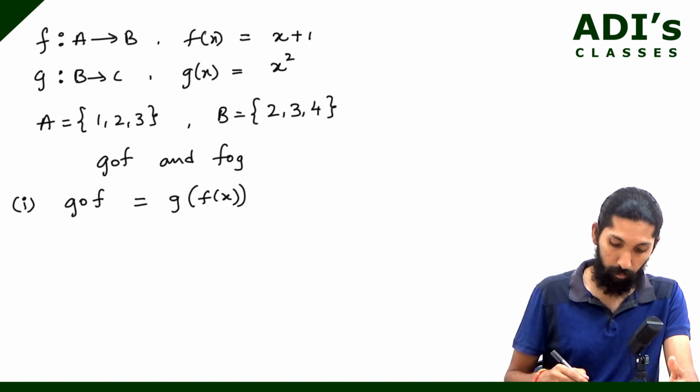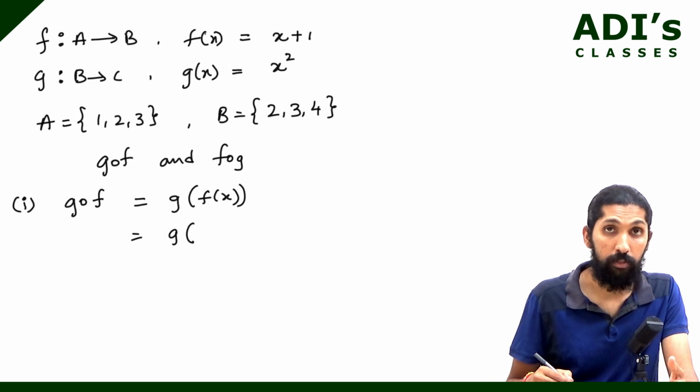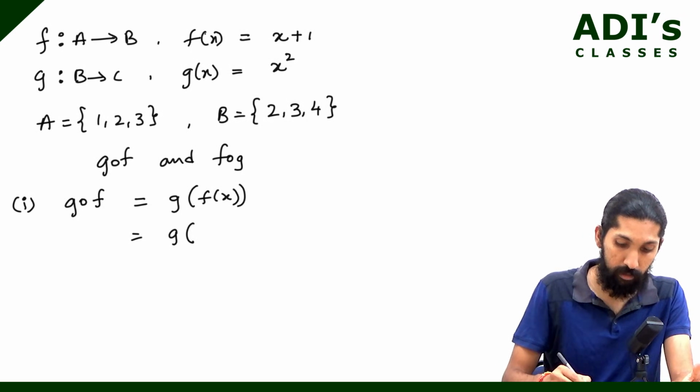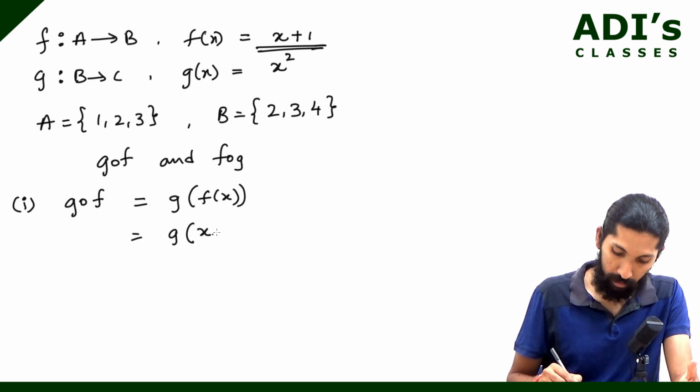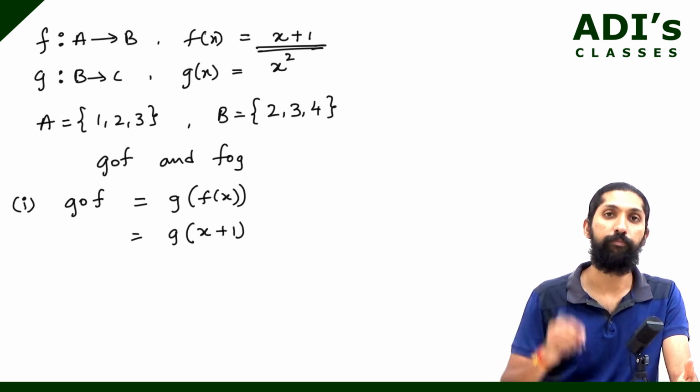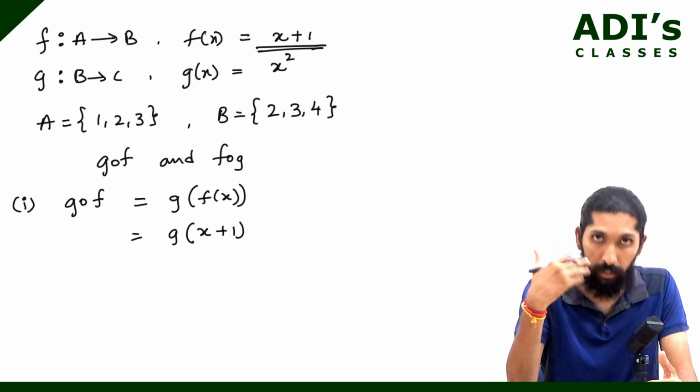So algebraically we write g of f of x. What is f of x? F of x is defined by x plus 1. So g of x plus 1. Make sense? So in terms of f of x, you're writing that.